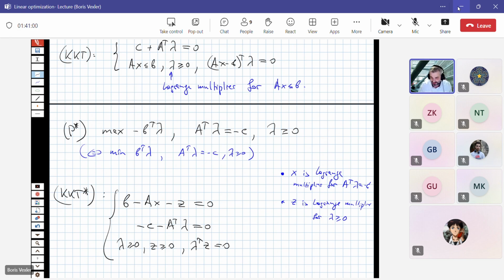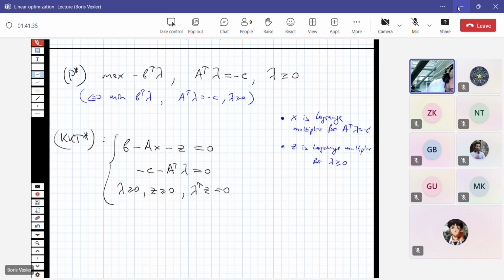I recommend you to check this directly, just to look for the general form of the KKT conditions and to see that this is exactly the KKT conditions in this case. Now we can write this KKT system a little bit more compactly, using the fact that we can always express z as b minus Ax.